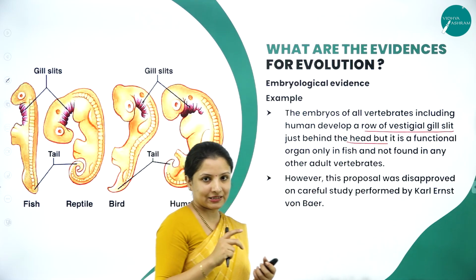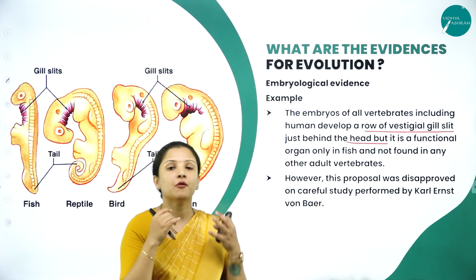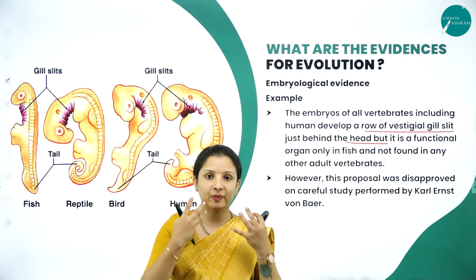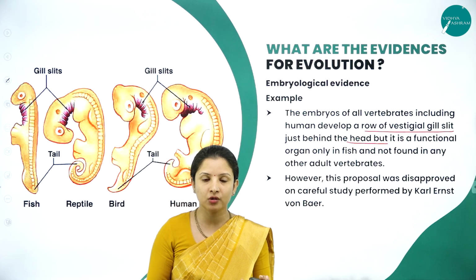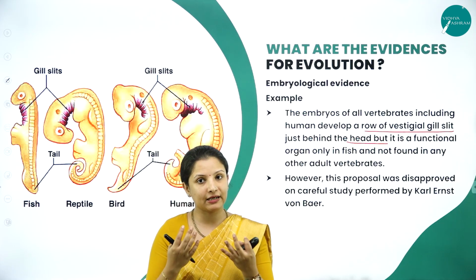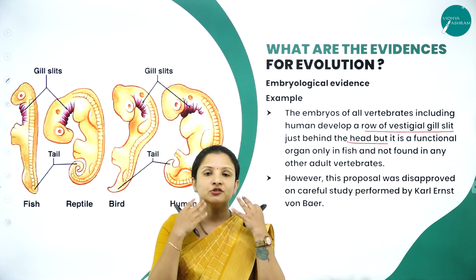Those gill slits are functional during the embryonic stage for proper breathing, right? But later on, as the baby is delivered, those vestigial gill slits are not found. Why not? Because our nose and respiratory system are very well developed. We don't need extra gill slits behind our head, right? So that is lost.